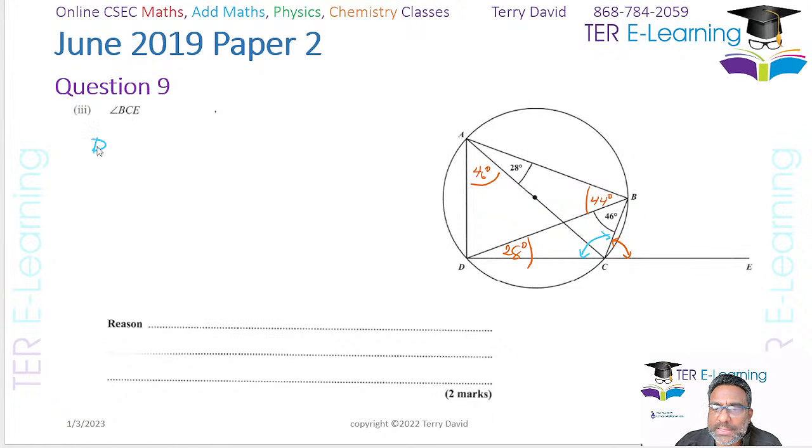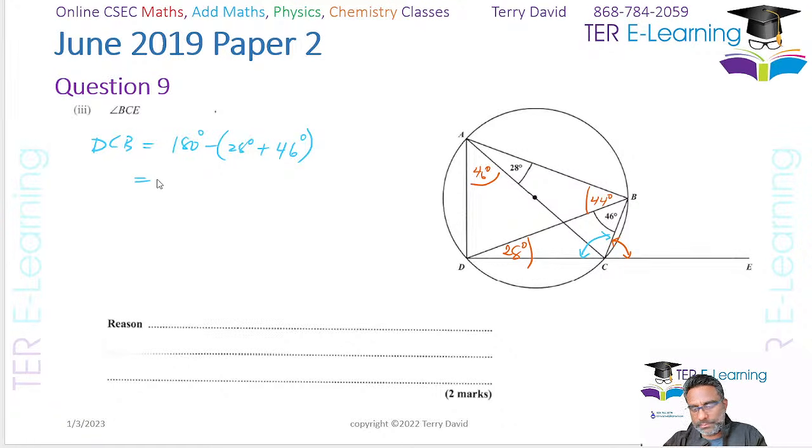So angle DCB is simply going to be 180 minus 28 plus 46. So that is 106.